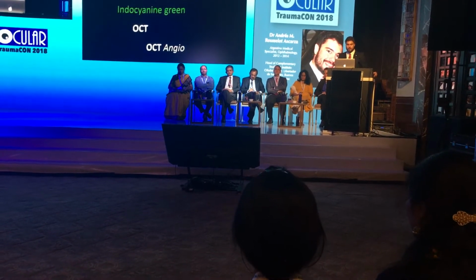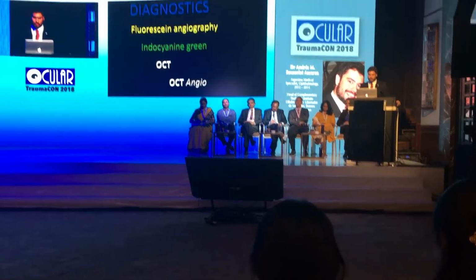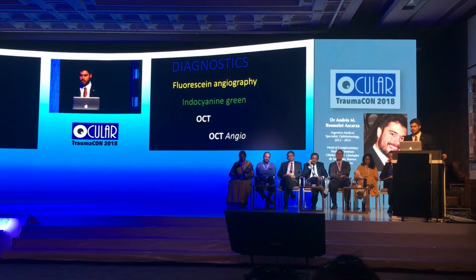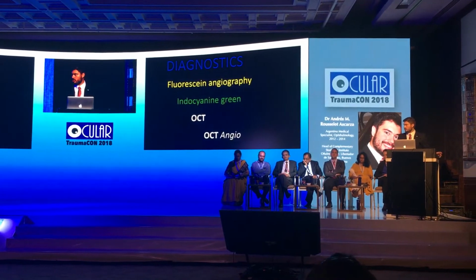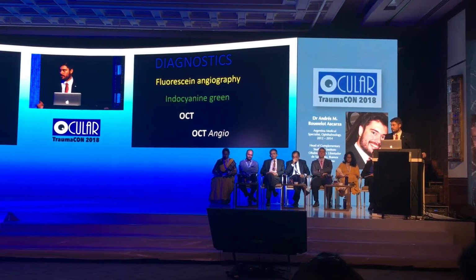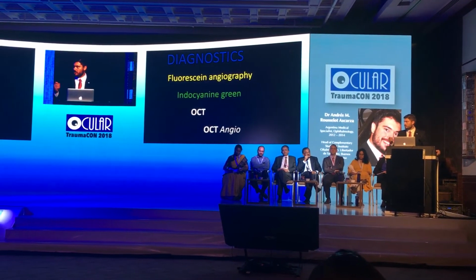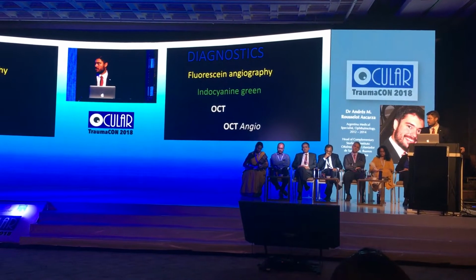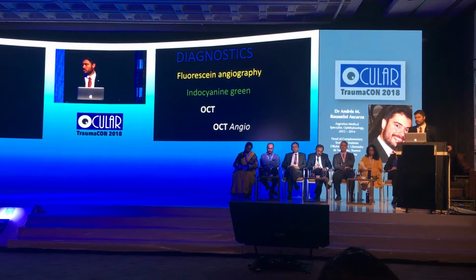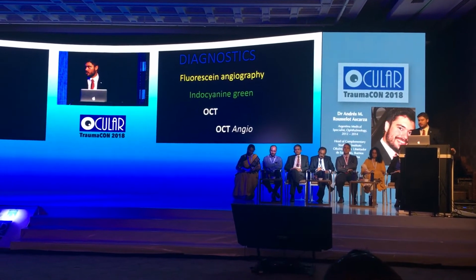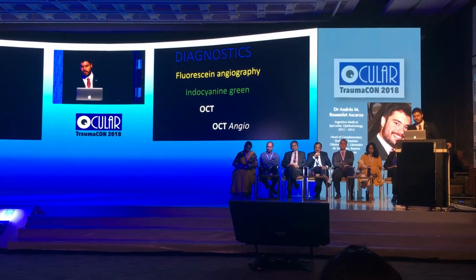You can also use indocyanine green, but I much prefer fluorescein angiography for the quality of the image. And right now, you can also use OCT and OCT angio. With OCT angio, we don't have that much information yet and that much experience as we have with fluorescein angiography, so I think it will still be a couple of years, if not decades, before fluorescein angiography loses all of its use in this kind of patients.